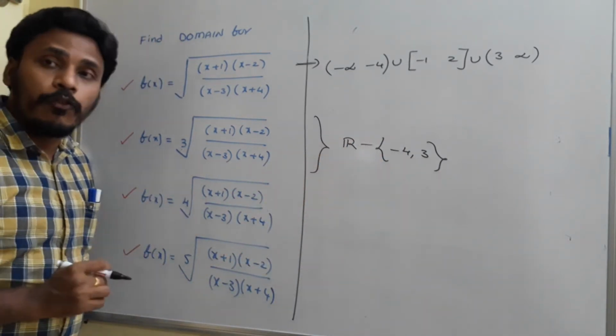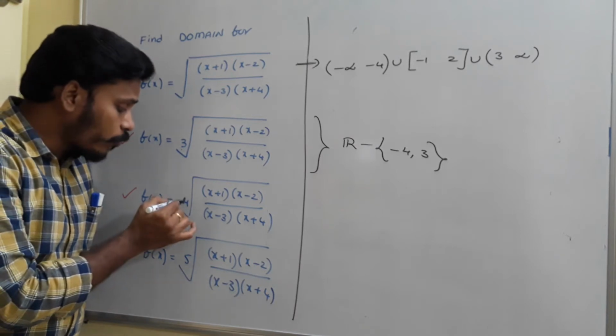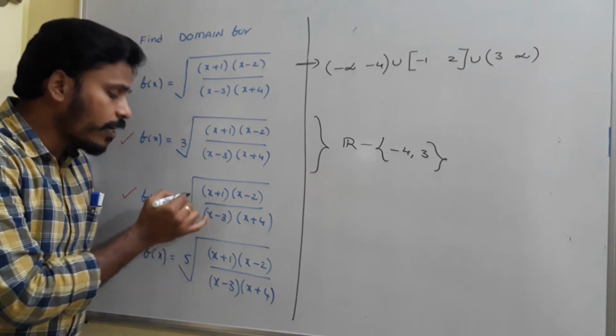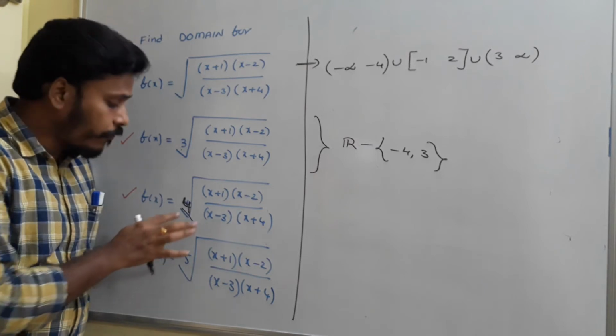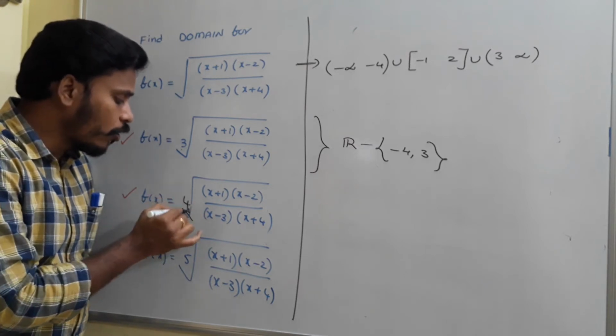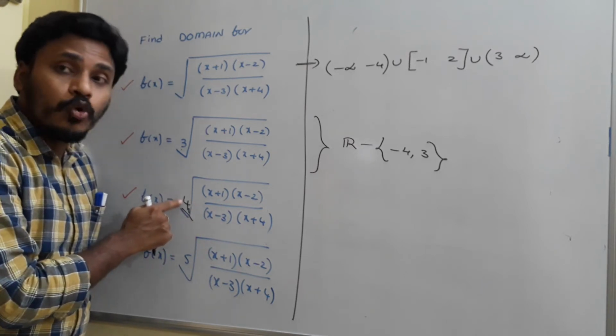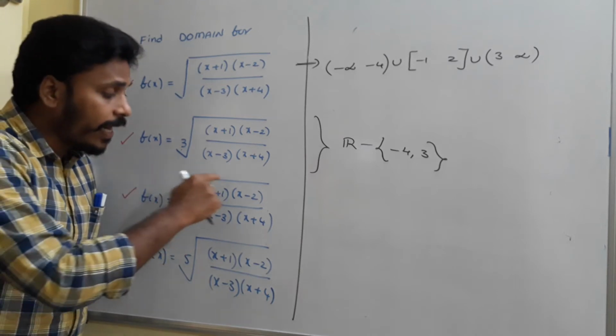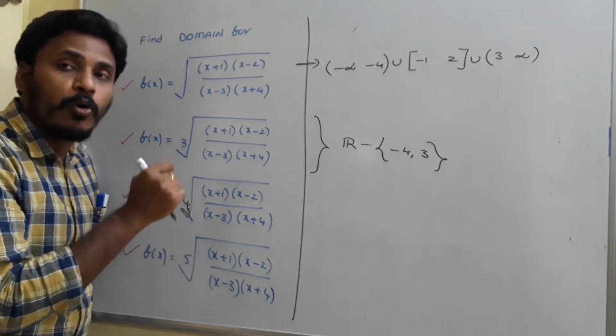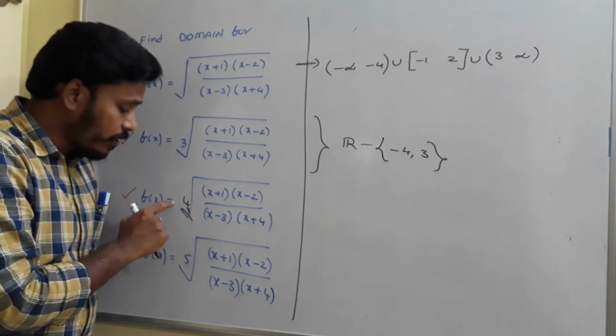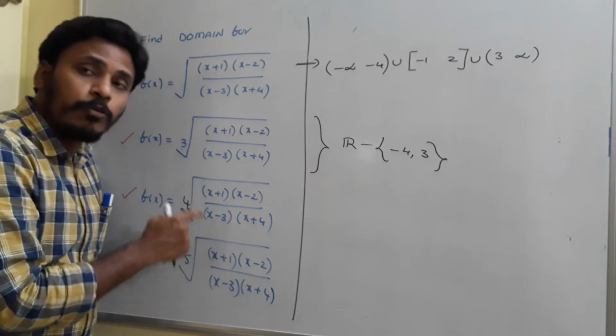Coming to the third one, again it is a fourth root. If it is an nth root and n is an even number, the expression under that root must be positive. Since it is a fourth root, this expression should be positive.